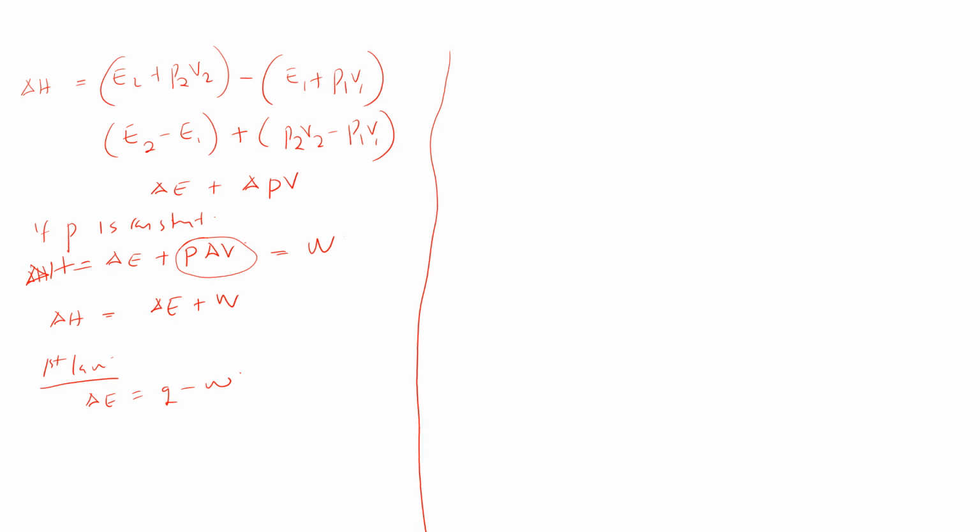So if we look at these equations of delta H, where we have delta H is equal to delta E plus that, and this also being equal to delta E, then we can say that delta H is equal to Q, okay? Delta H is equal to Q when change occurs at constant pressure.